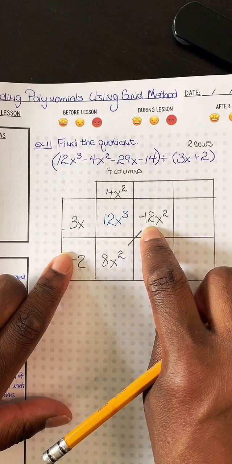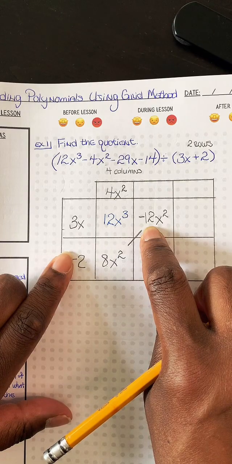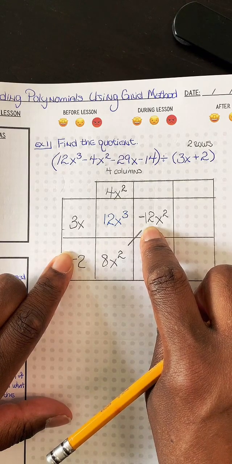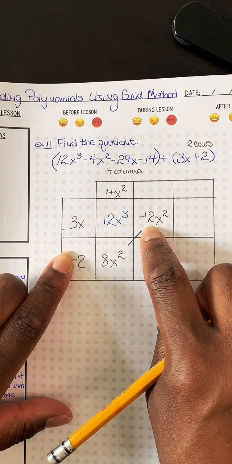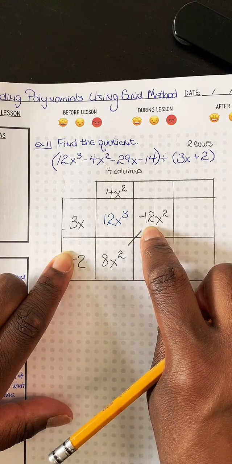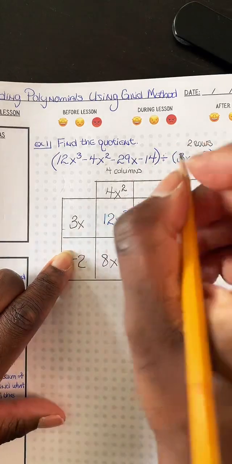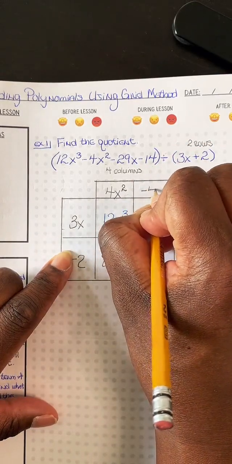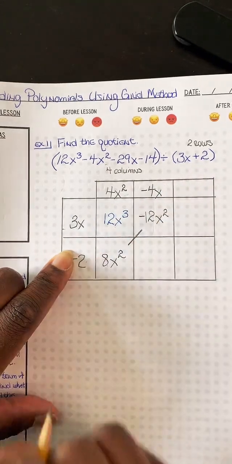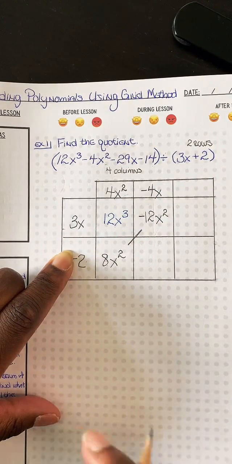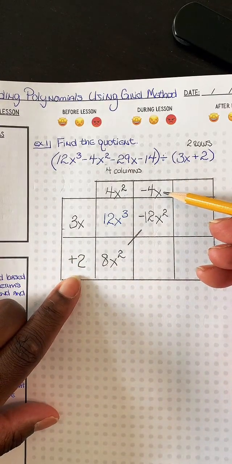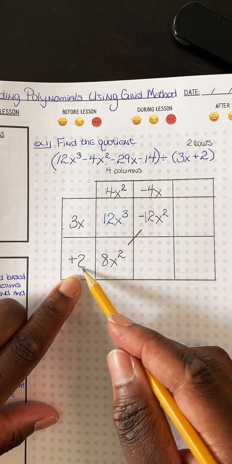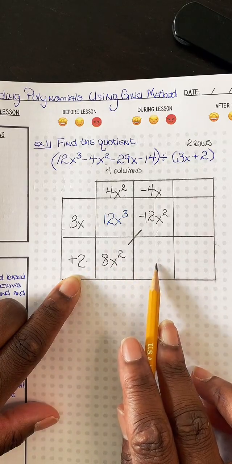Negative 4x. Good. So negative 4x. So now I'm going to use this negative 4x times 2 to fill inside this box.